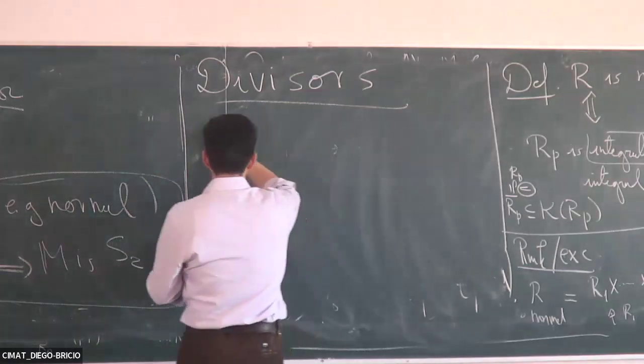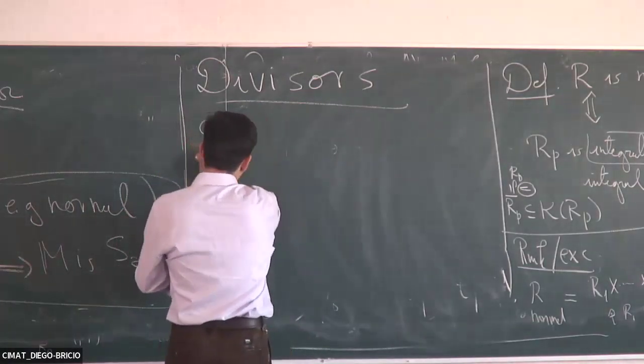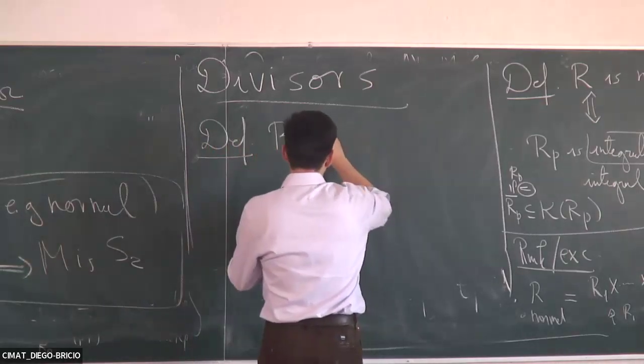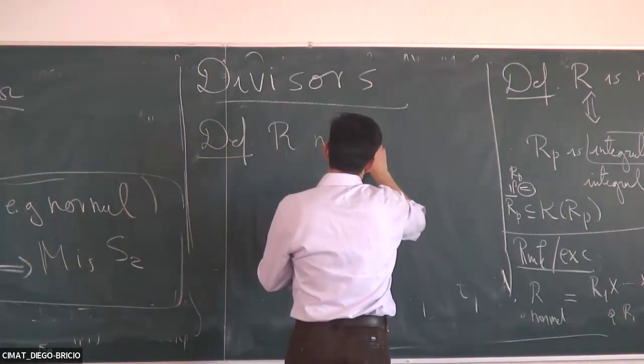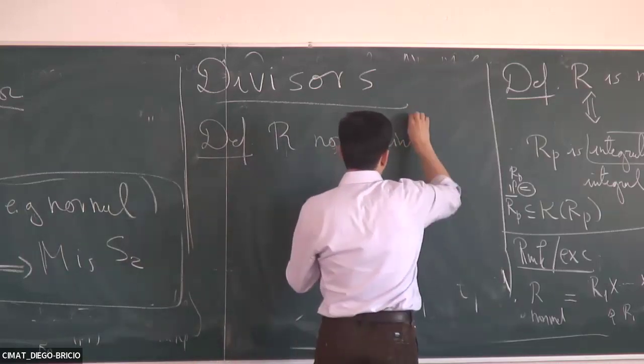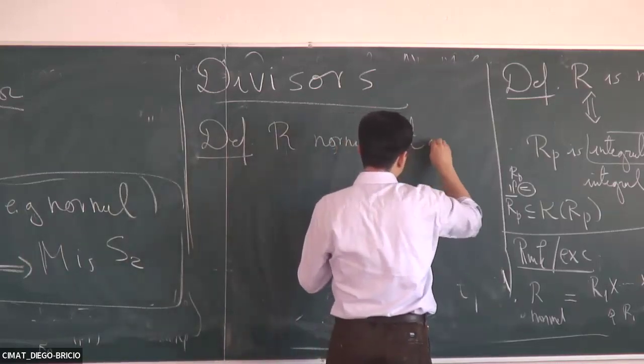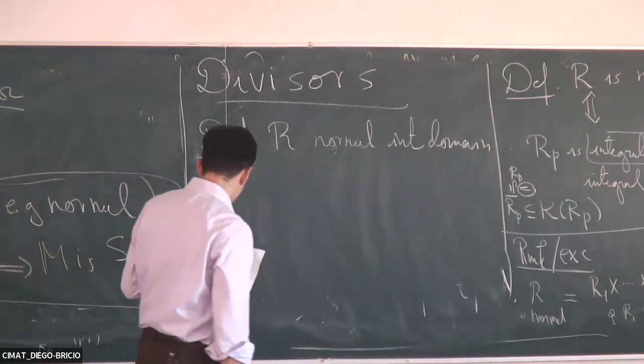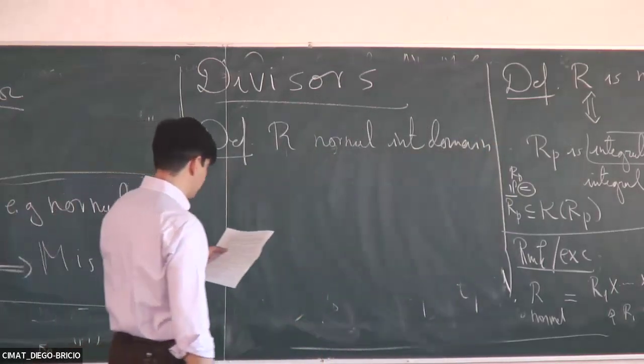So, first of all, we are going to take R from now on to be normal. I'm going to take it to be an integral domain. I don't see the point to consider more general rings. For this, I want to have a fraction field over there to play with.